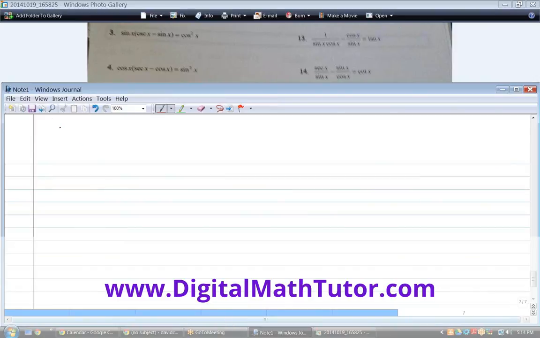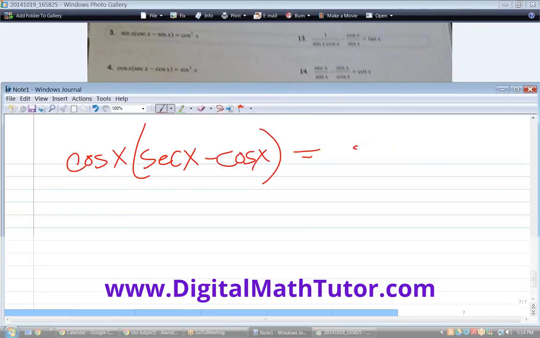Alright, let's see. Number 4, is that where we're at? Yeah. This is actually a more interesting way to do it, because it goes easy, tough, instead of easy, easy, easy, easy, medium, medium, medium, tough, tough, tough.